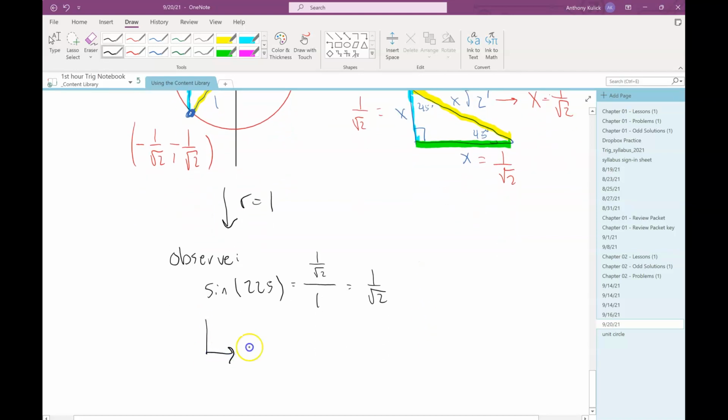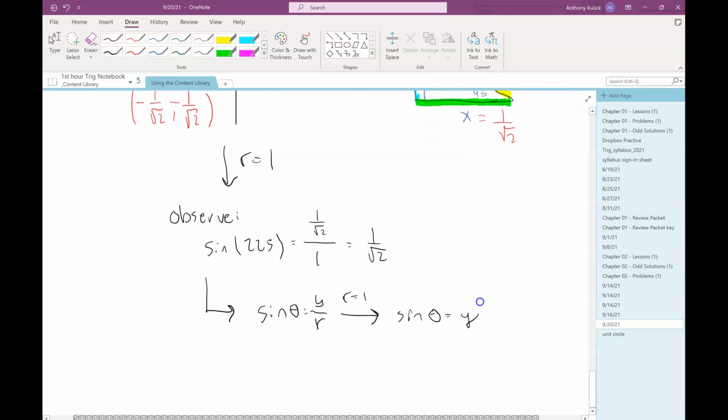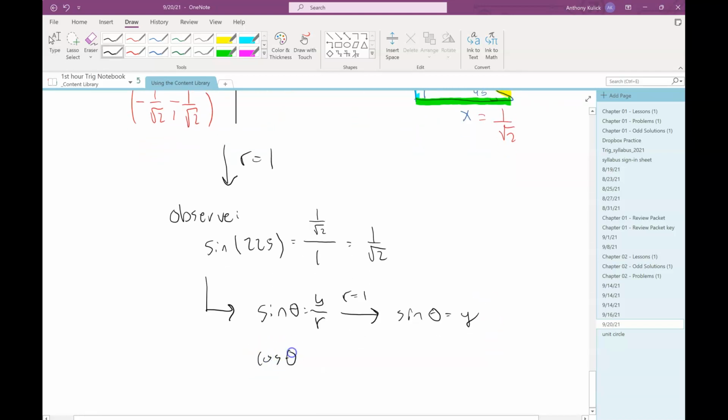So what does this takeaway become? If sine theta was y over r, and r is 1, well, sine is just the y-coordinate. Or if cosine theta is x over r, and r is just 1, cosine theta is just going to be the x-coordinate.